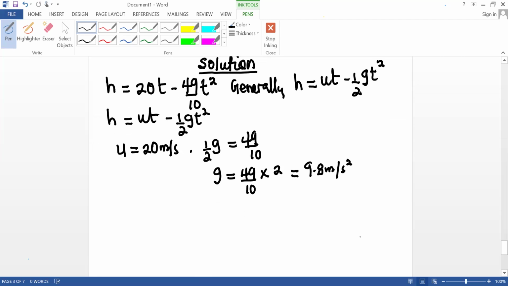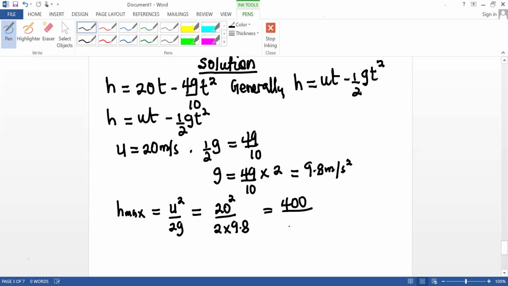So if these are the values, then at the maximum height, h max, we'll have the maximum height being equal to u squared over 2g. And u is 20, so 20 squared over 2 times 9.8. The numerator is 400 divided by 19.6.